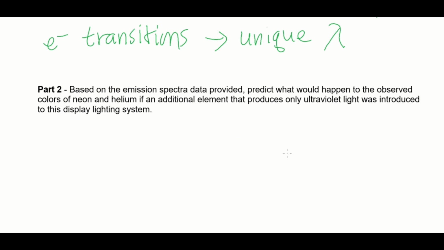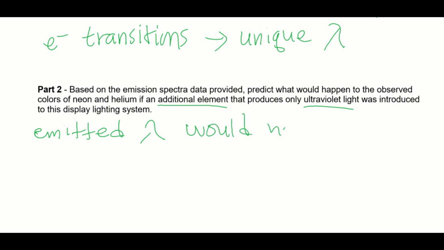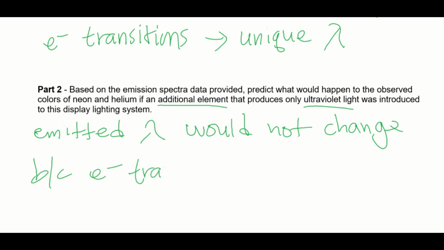What will happen if you introduced another element? That's called a mixture, and that thing only produces ultraviolet light. It doesn't matter because of neon's electron configuration, right? Neon, nothing would happen. Same colors, right? Emitted wavelengths would not change because electronic transitions are set, right?